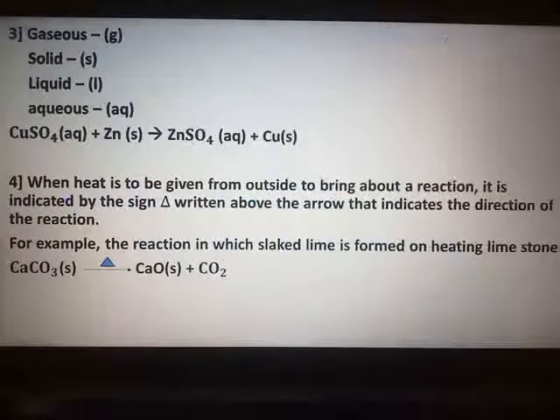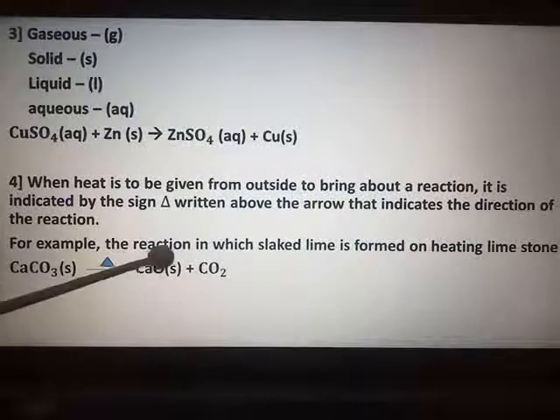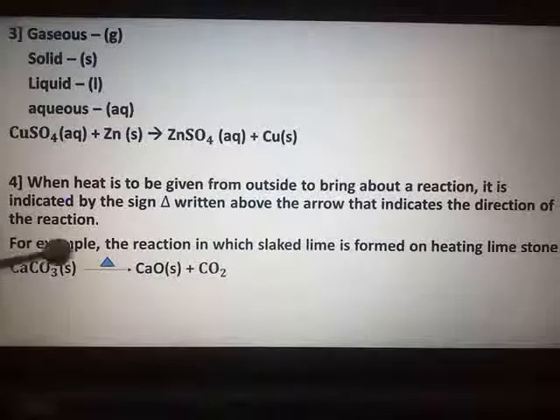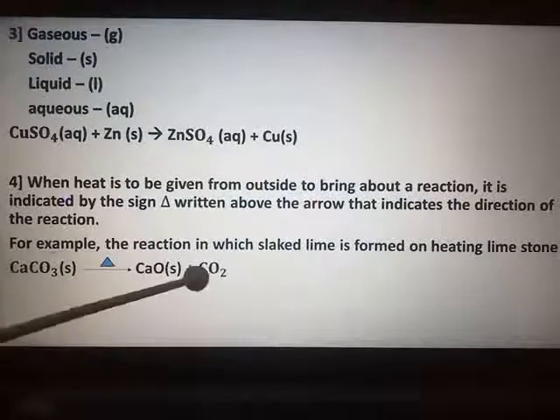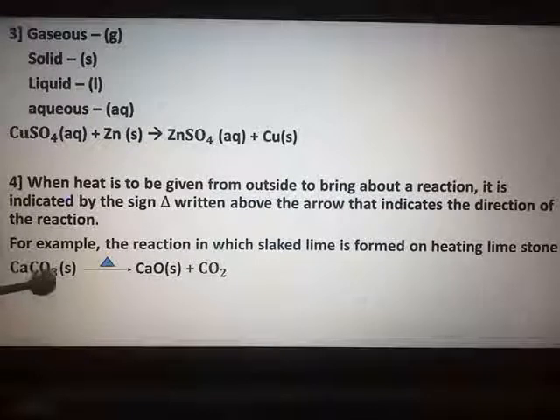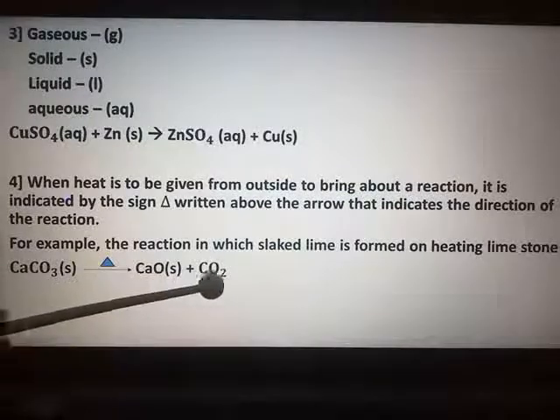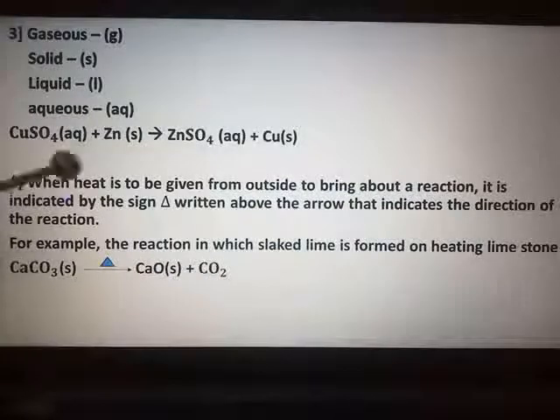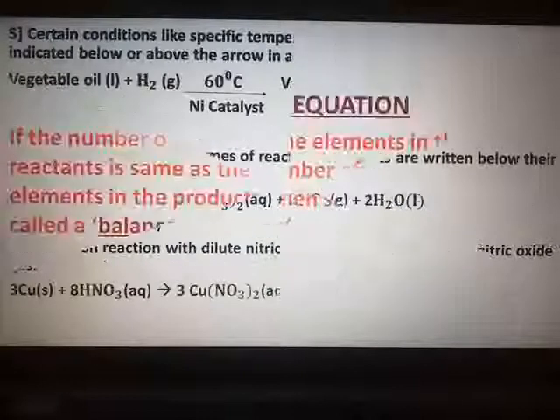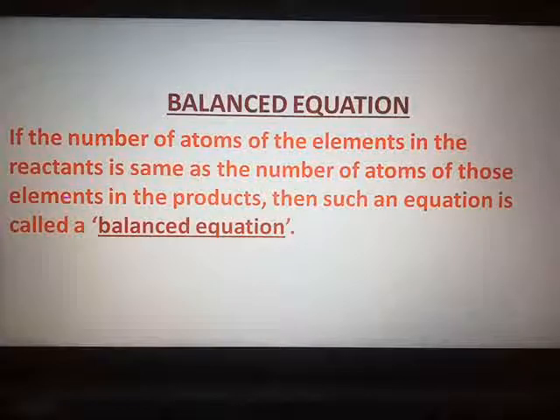If you see this example, the number of atoms of the reactants should match the number of atoms of the products. Calcium, Ca is 1, here Ca is 1. C, carbon is 1, here it is 1. O is 3, so 1 plus 2, 3. So when the number of atoms of the reactants and the products is the same, then you can say that the chemical equation is a balanced equation.